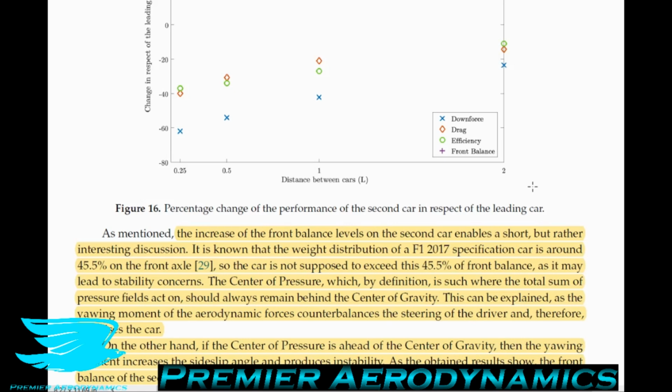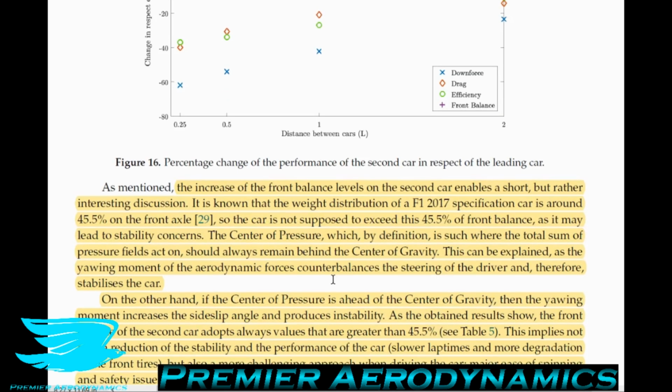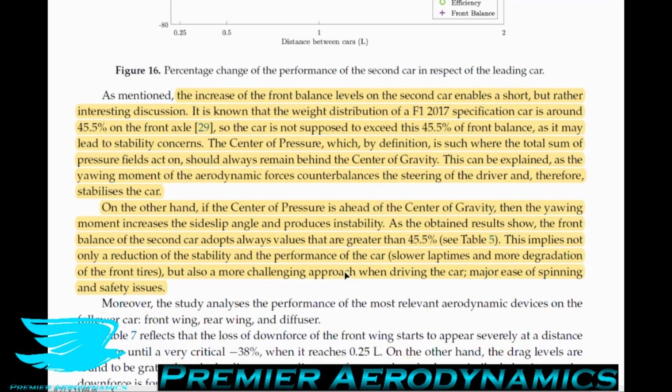It's pushing the air forward. The center of pressure, which by definition is where the total sum of pressure fields acting on it is, should always remain behind the center of gravity. This can be explained as the yawing moment of the aerodynamic forces counterbalances the steering of the driver and therefore stabilizes the car. On the other hand, if the center of pressure is ahead of the center of gravity, then the yawing moment increases the side slip angle and produces instability.